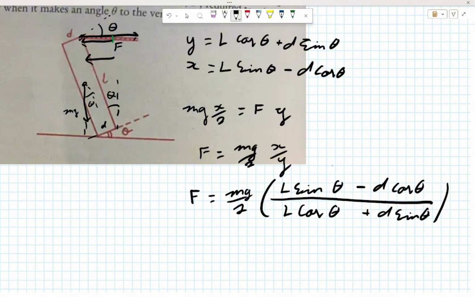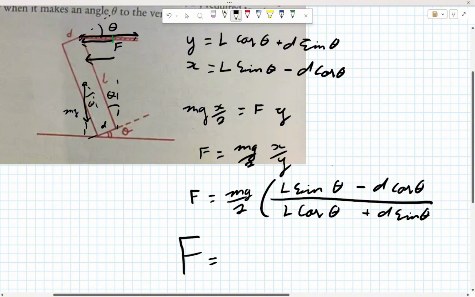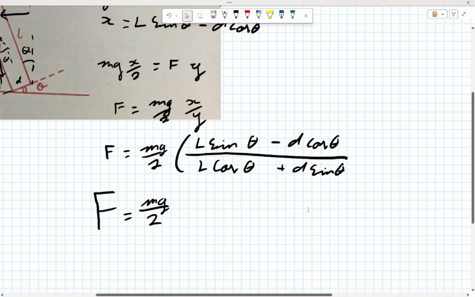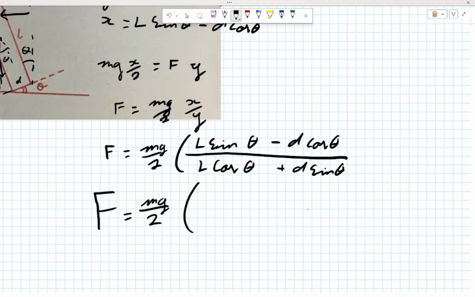Okay, so to simplify this expression, let me make it nice and big. We're going to make it nice and big because this is our final solution. We have mg over 2, and we're going to divide by d cos theta.